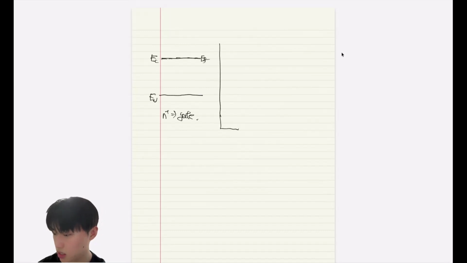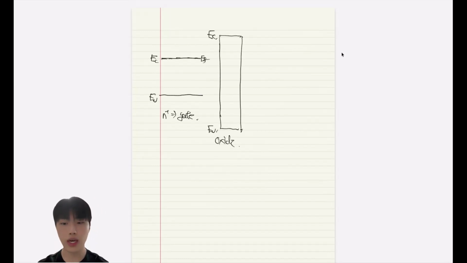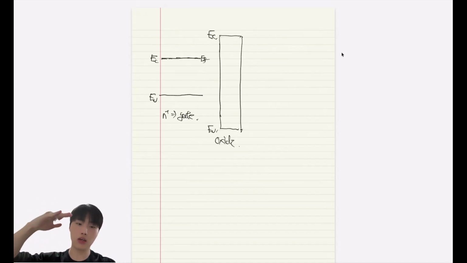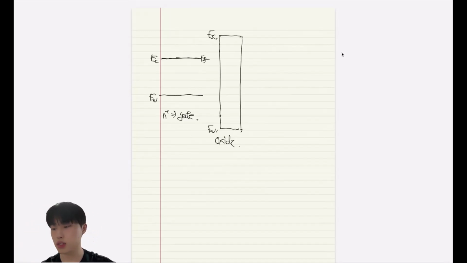And this is the oxide part, with conduction band and valence band. As you can see, the band gap between the conduction band and the valence band is very high, because this is the dielectric, or we can say insulator. We usually use silicon dioxide for it.